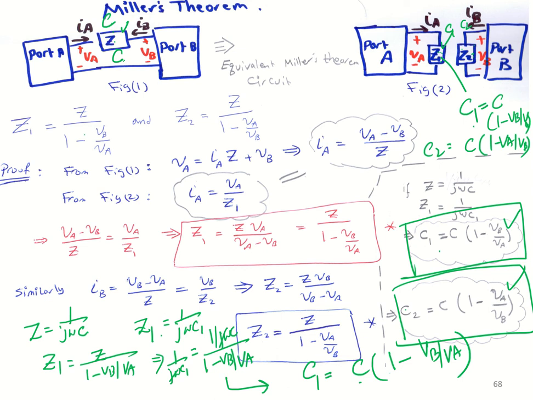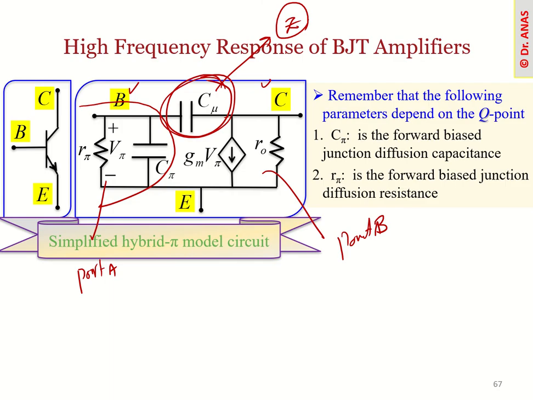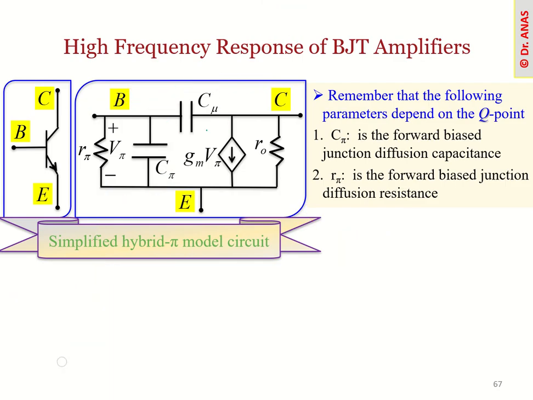Next is how we can actually analyze. Now come back here, everybody please focus. This is the capacitance between base and collector, and I want to remove this capacitor. We know that we can convert this into two capacitors, C1 and C2.